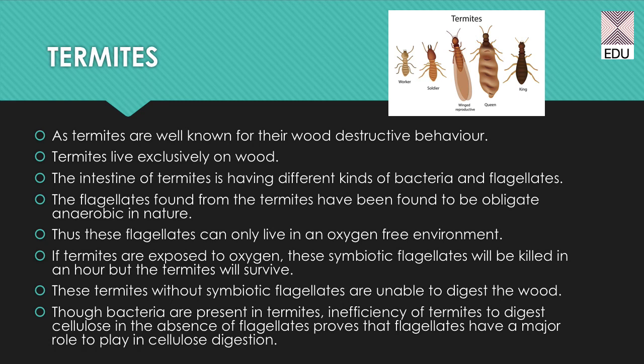Number four, the termites do not rely upon the bacteria for cellulose digestion. They have the bacteria, but those bacteria are not fully capable of digesting the cellulose. So that means they need flagellates, and for flagellates, they need an anaerobic environment.